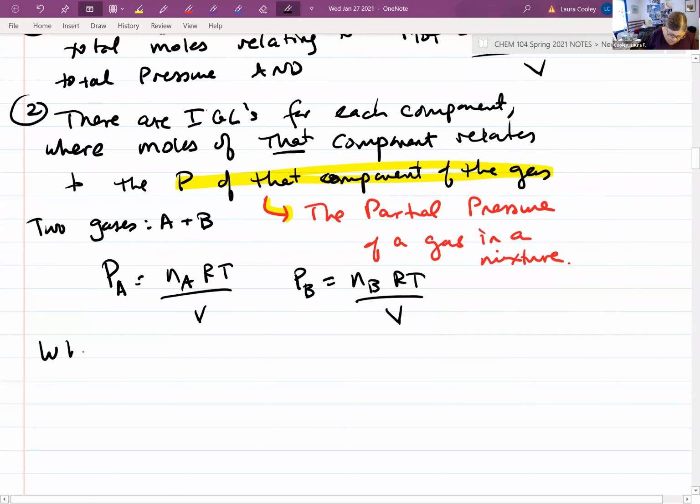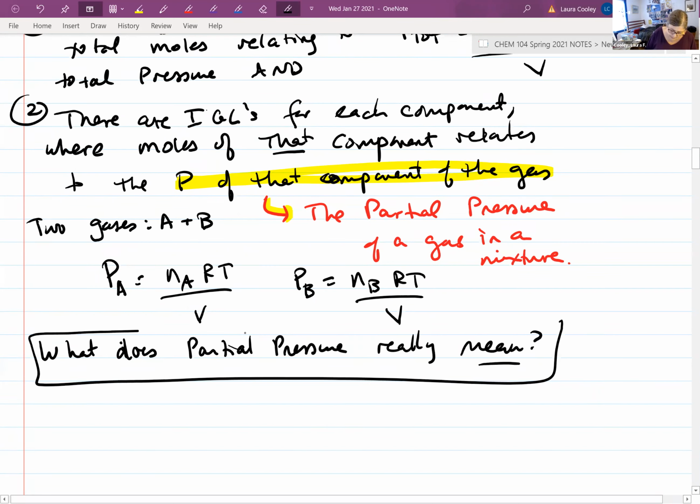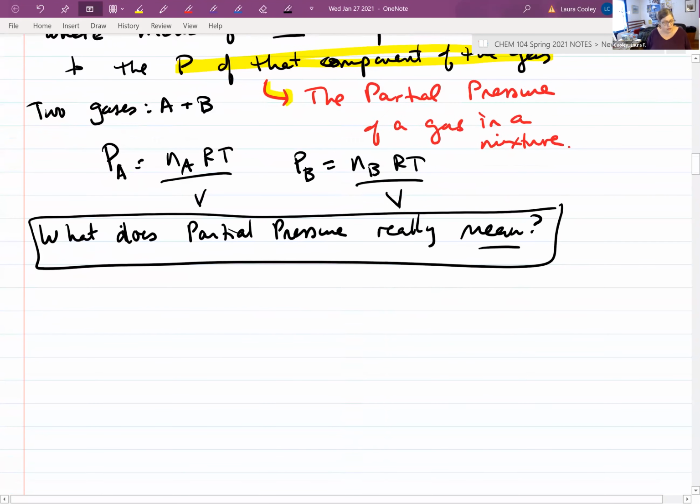So what is the partial pressure? What does partial pressure really mean? The way I like to describe this is I say that the partial pressure of a gas in a mixture is the pressure that gas would exert if it was the only gas there.